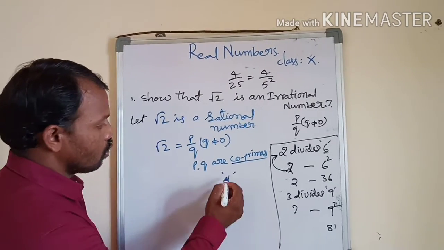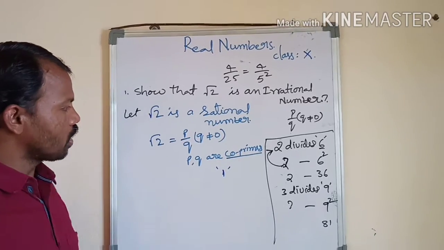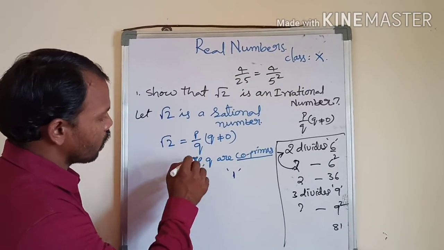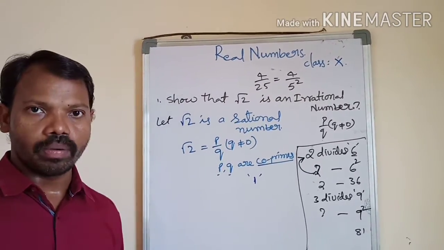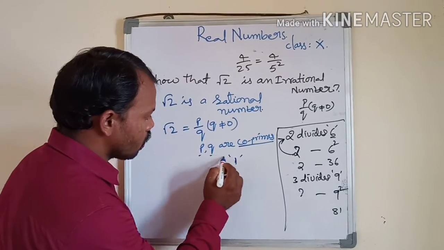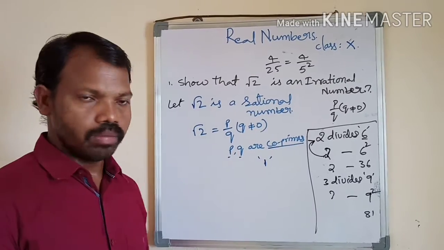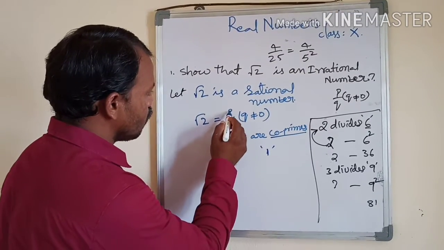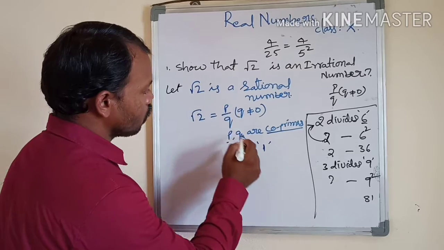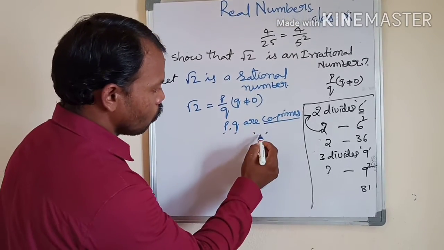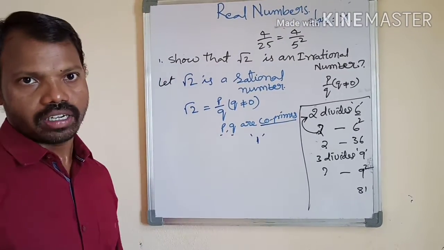If there are more than one common factor for p and q, it is not co-prime. So root 2 is equal to p by q, where p and q are co-primes, that means only 1 is a common factor.